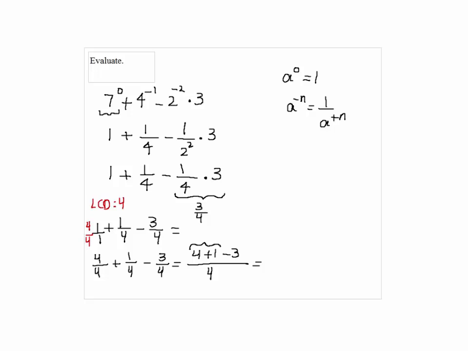I would get 4 plus 1 minus 3 over 4. 4 plus 1 is equal to 5. 5 minus 3 would be equal to 2. 2/4, and I reduce this to 1/2.